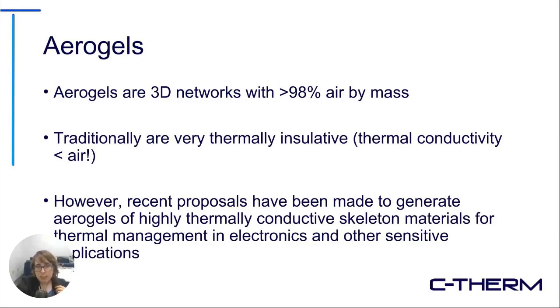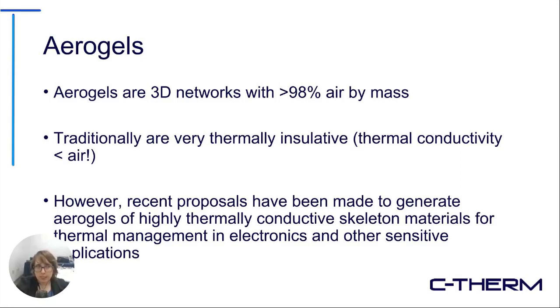However, recently there's been a view to see if you could keep the mass benefits of the aerogel material but make it more thermally conductive. Aerogels also have the benefit of being very structurally strong relative to their mass, so you can use them in theory as structural support.